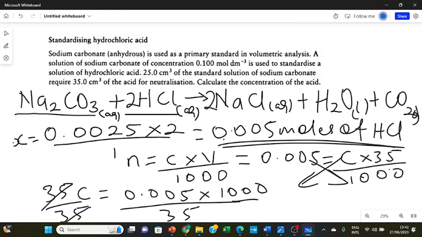So the concentration now will be equal to 0.005 times 1000 divided by 35. So it will now be 0.143 moles per what? dm cube. So you can see it's as simple as what?